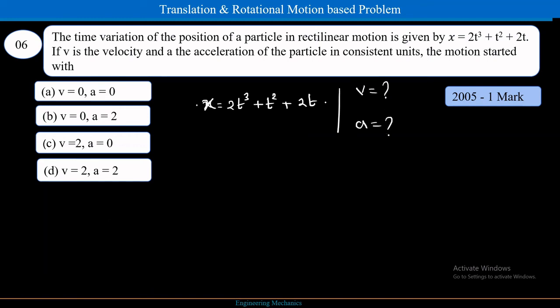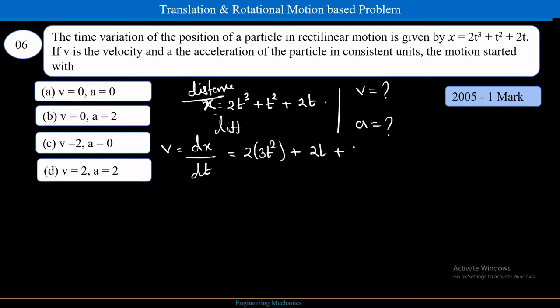As we all know, x is the distance, which is given. v is the rate of change of distance with respect to time, so just differentiate it. Differentiate once, what you will get is 2 into 3t square plus 2t plus 2. Simple.